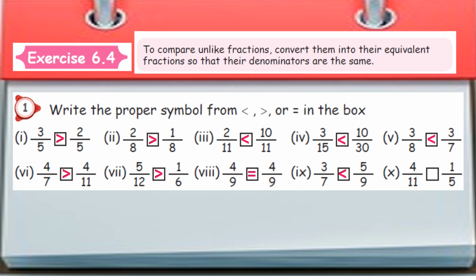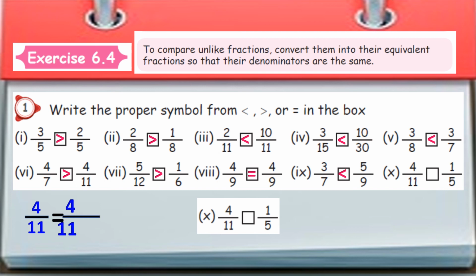Let us move to the 10th sum, 4 by 11 and 1 by 5. Here also we are going to interchange the denominators and multiply. So let us select 4 by 11. Here we need to multiply with what denominator? Yes, you are right, 5. So 4 by 11 into 5 by 5, that's equal to 4 fives are 20, 20 by 55.